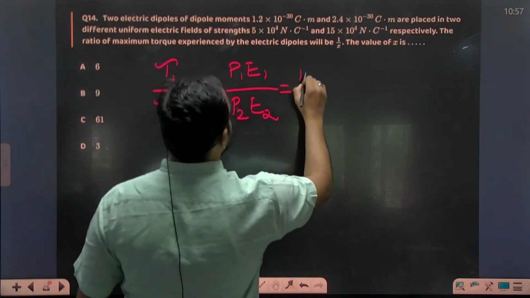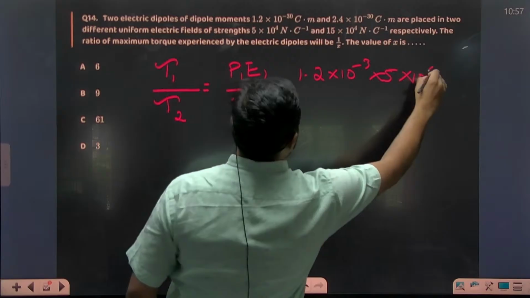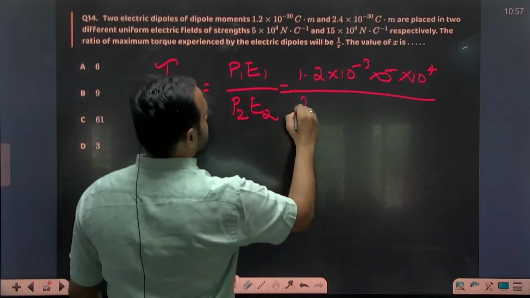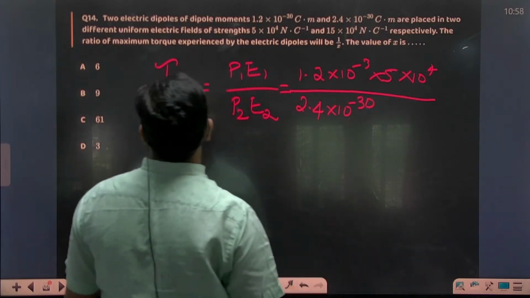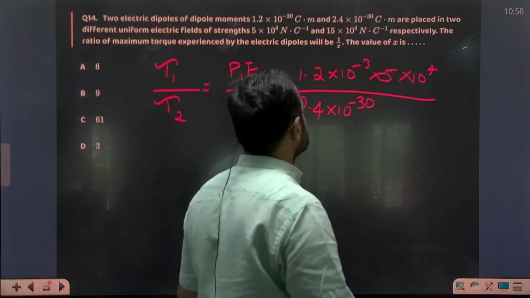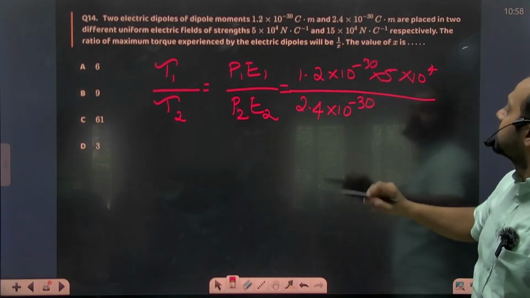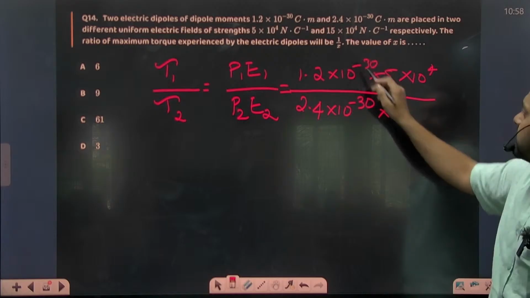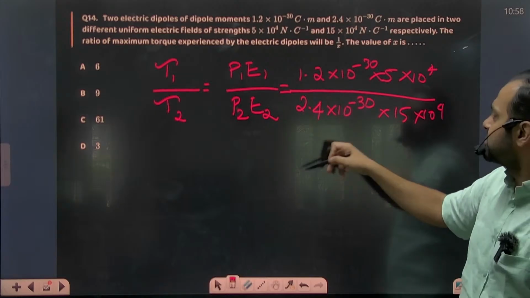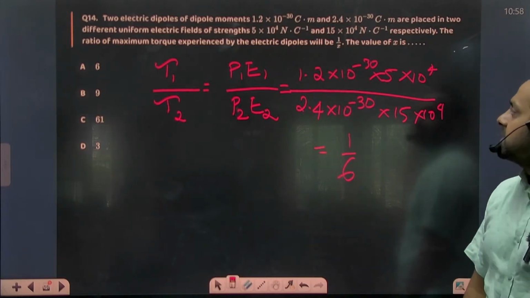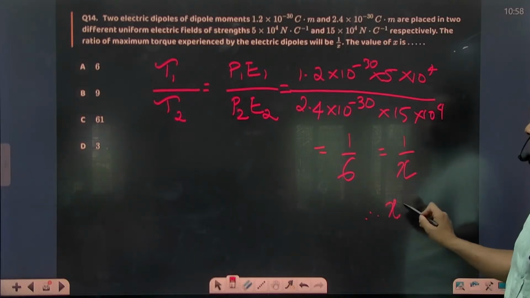P1 is 1.2 into 10 power minus 30 multiplied by 5 into 10 power 4, divided by P2, which is 2.4 into 10 power minus 30, multiplied by 15 into 10 power 4. The ratio comes out to be 1:6. So 1:6 is equal to 1 by x.